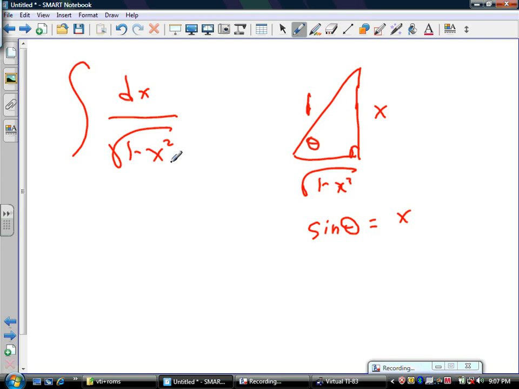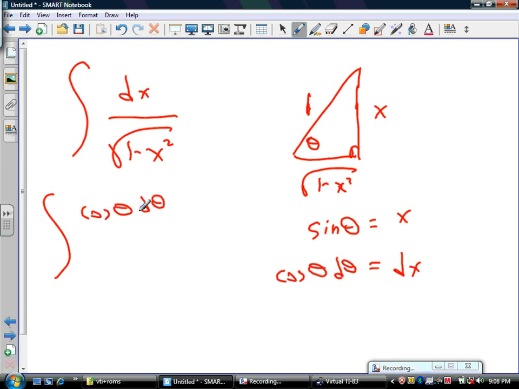Okay. So wherever I see x, I'm going to write sine. What do I write for dx? Dx is the derivative of this, cosine theta d theta. So where I see dx, I'm going to write this. Where I see x, I'm going to write this. So dx is cosine theta d theta.